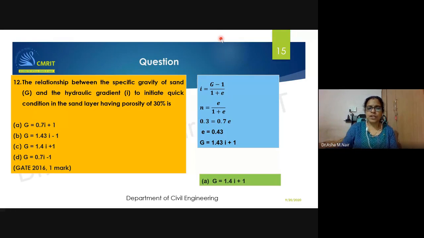So you can see here, please note the answer is 1.43 I plus 1, but your option is given as 1.4 I plus 1. Don't worry because that is the closest answer. If you round it up, 1.43 will become 1.4.